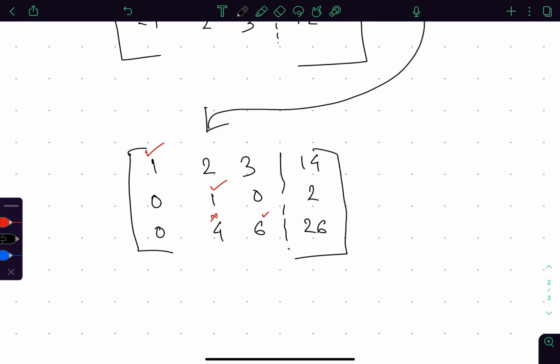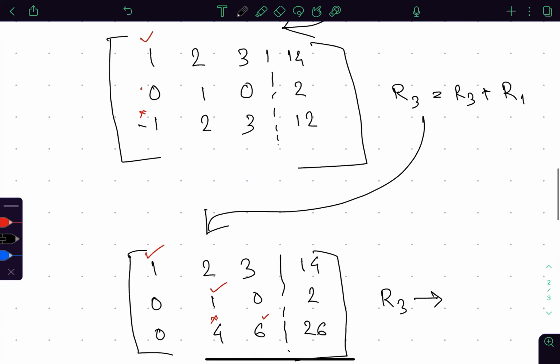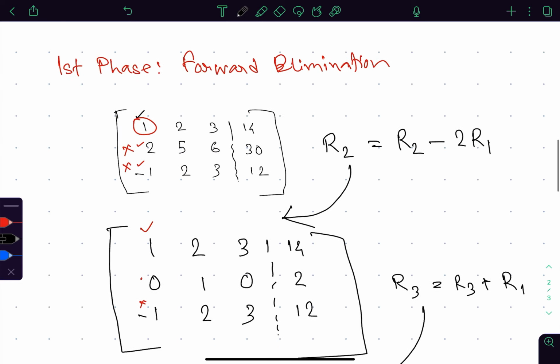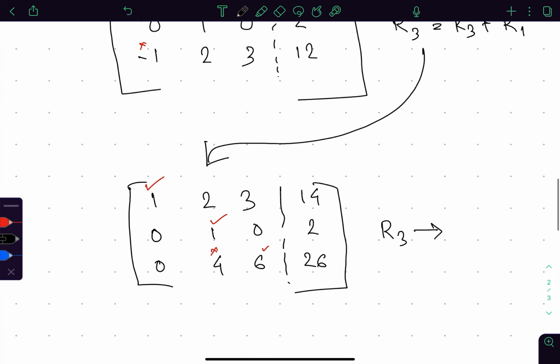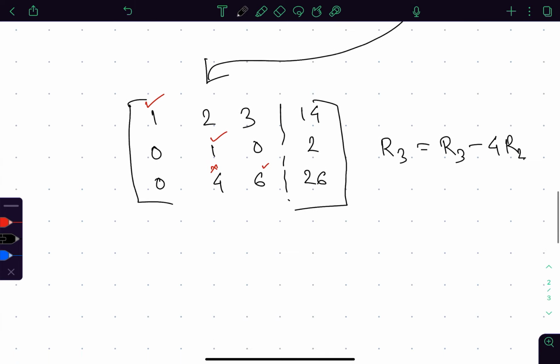Basically we need to subtract 4R2 from R3, so R3 will be R3 minus 4R2.